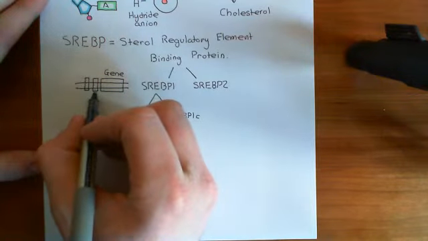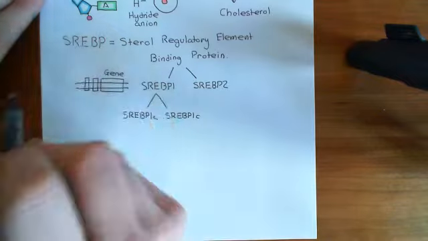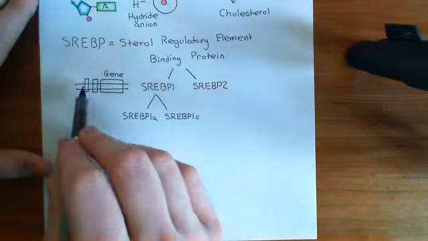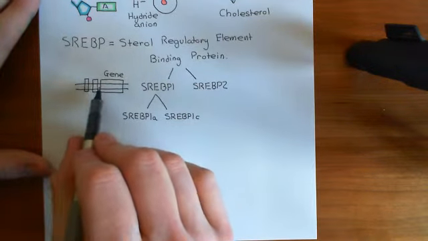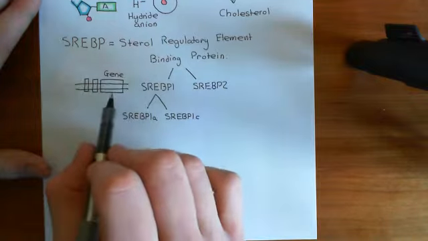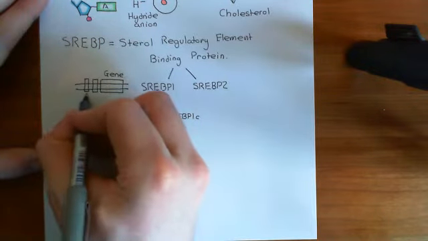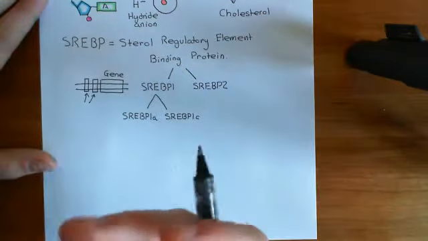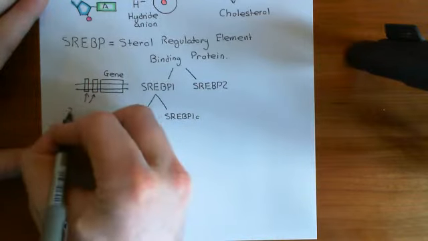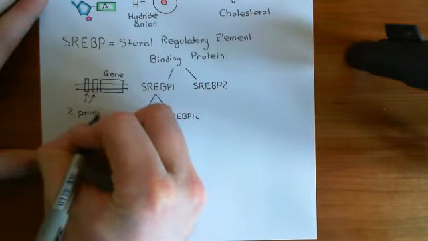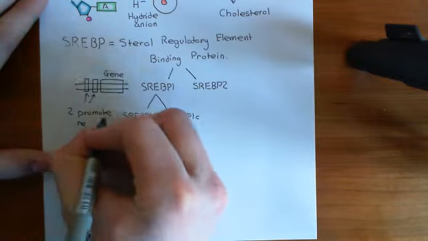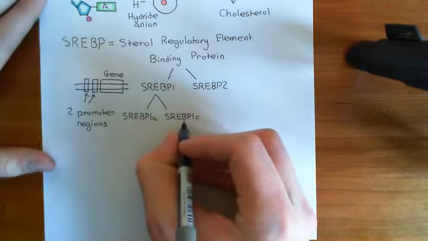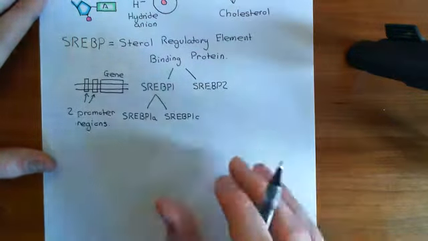What I mean by that is that you could have a frame shift in the way that the ribosome will then read the protein. Alternatively, it could just be that you're getting a little bit extra protein being made from the longer mRNA. The point is that you have these 2 separate promoter regions which will give rise to different RNAs, which will then potentially be read by the ribosome differently. So, 2 promoter regions. That gives us 3 possible sterol regulatory element binding proteins to work with.